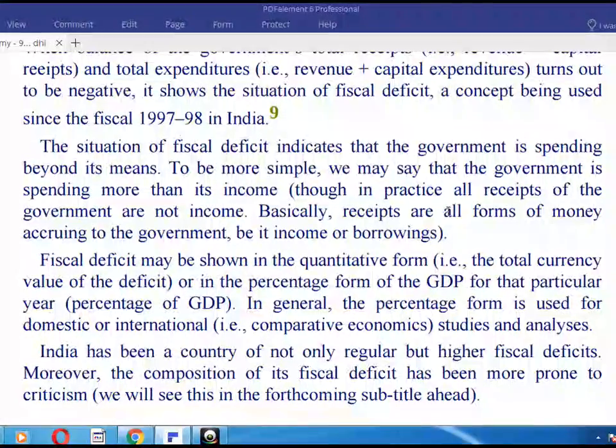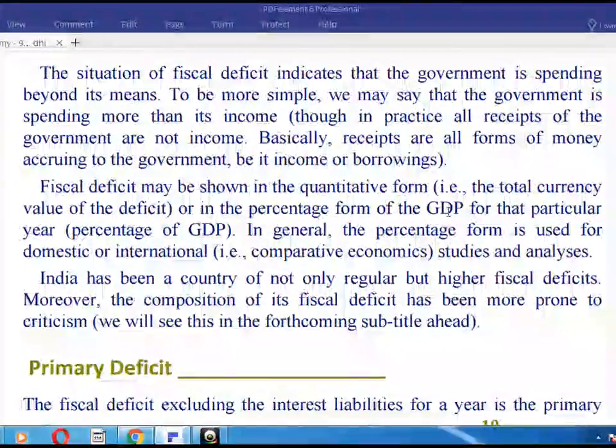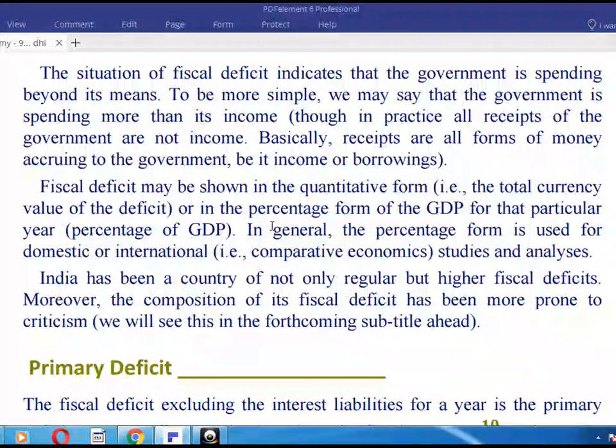Fiscal deficit may be shown in quantitative form, that is the total currency value of the deficit, or in percentage form of the GDP for that particular year. In general, the percentage form is used for domestic or international comparative economic studies and analysis.